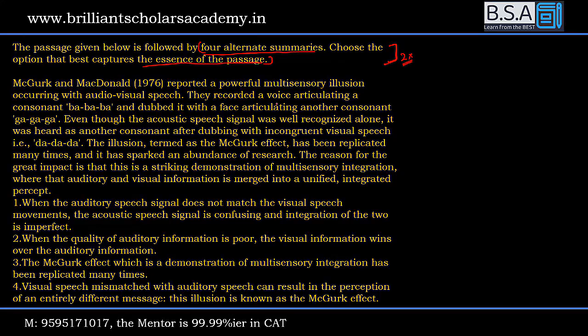They recorded a voice articulating a consonant, ba ba ba, and dubbed it with a face articulating another consonant, ga ga ga. Even though the acoustic speech signal was well recognized alone, it was heard as another consonant after dubbing with incongruent visual speech, that is, da da da.